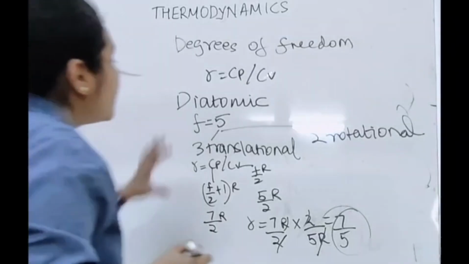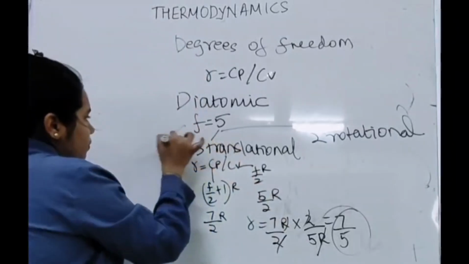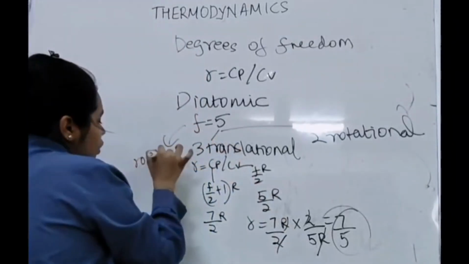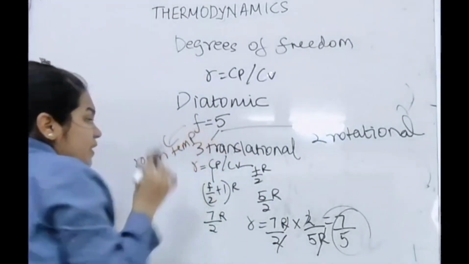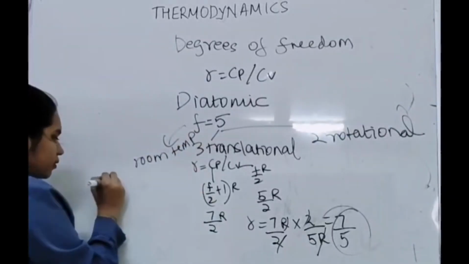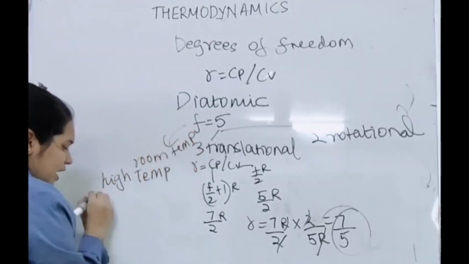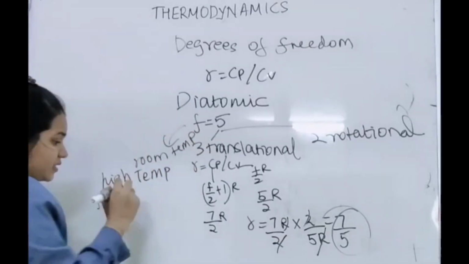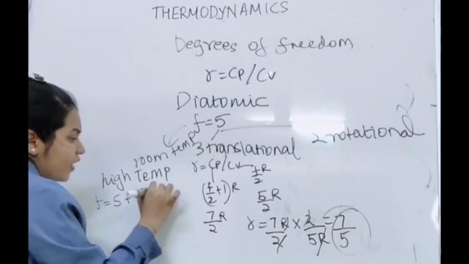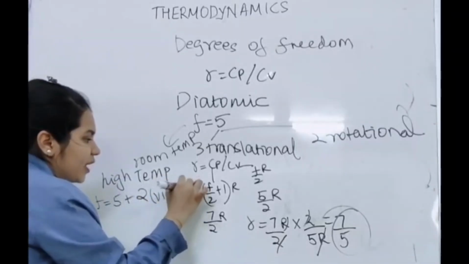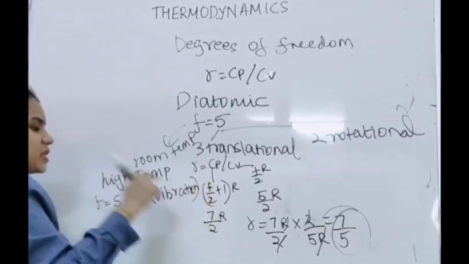Next, this is for the room temperature scenario. If it is high temperature, it is the same thing, only F equals 5 plus you have to add 2. This is for vibrational. When you heat, it vibrates, so we add 2.